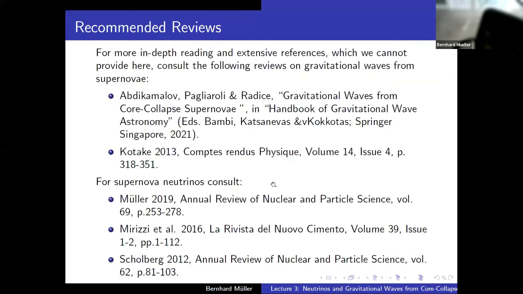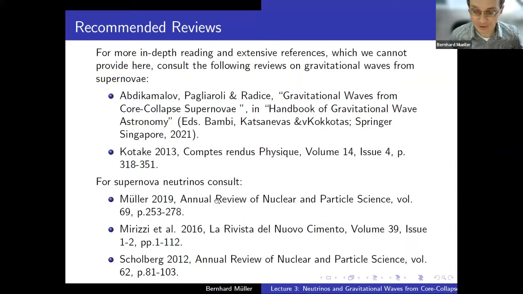First, as usual, you'd probably like to hear about a few references that allow you to read up on what I'm saying in more depth. There are a few good reviews on gravitational wave emission from core collapse supernovae, a recent one in this handbook here, and several ones on neutrinos in core collapse supernovae with slightly different emphasis.